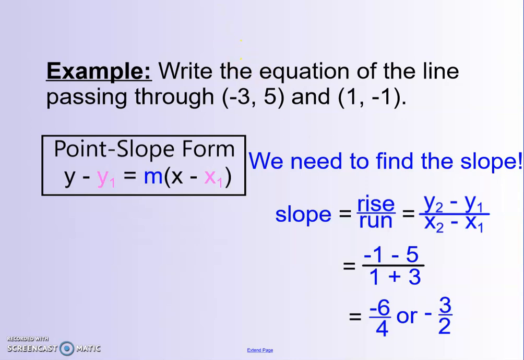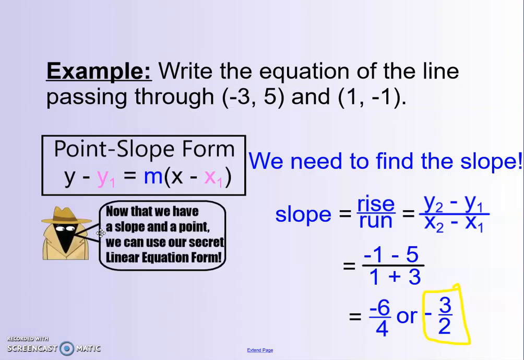So we just did all of that work and we found the slope. This is our slope. So now that we have the slope, we can go directly to point-slope form, and we can use this secret point-slope form to write the equation. Again, generically, that's the structure of the equation.